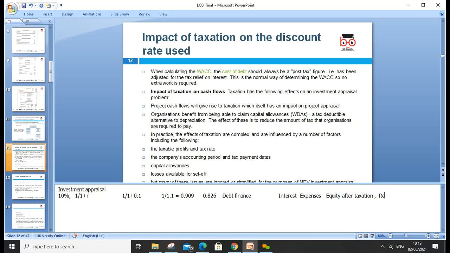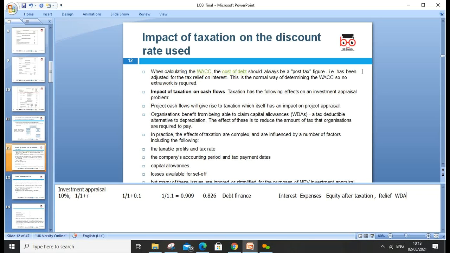Then the relief is only available in terms of the depreciation, which we can't claim, but the writing down allowance or capital allowance we can claim. So that's the way we need to look at it.